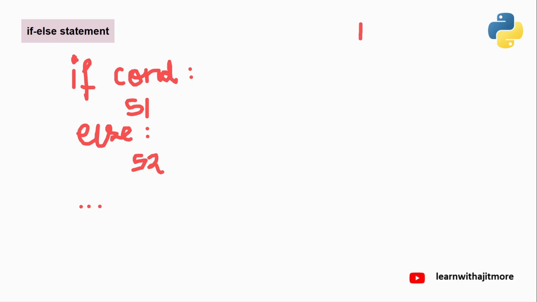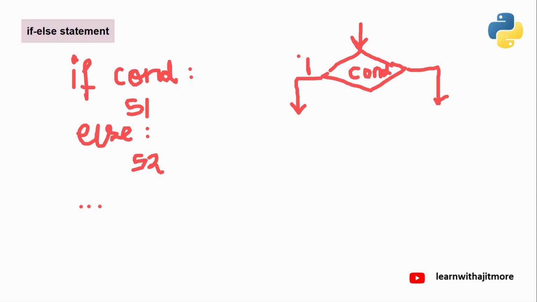ठीक है? If I try to show the flow chart for this, इसका अगर मैंने flow chart दिखाया, ओके? तो ये आपका कंडीशन है. ये कंडीशन का मैंने कहा दो ही आउटकम है, ट्रू or false. Always conditions are always going to give you only Boolean outcome, true or false.